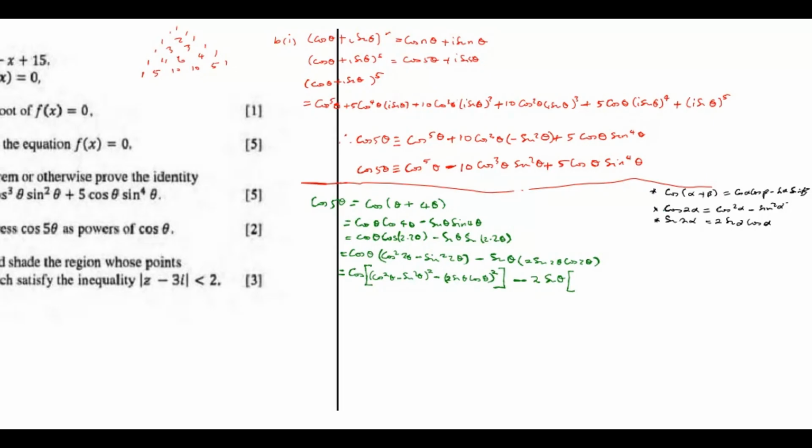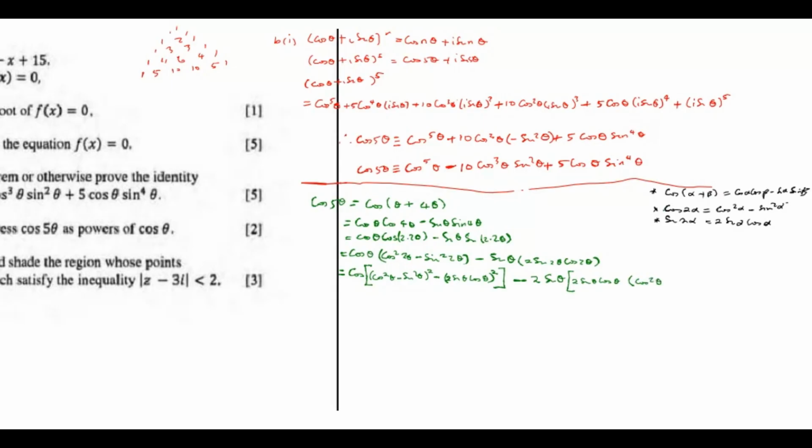Where there is sine 2 theta, we are going to put 2 sine theta cos theta. Then where there is cos 2 theta, we are going to put cos squared theta minus sine squared theta.